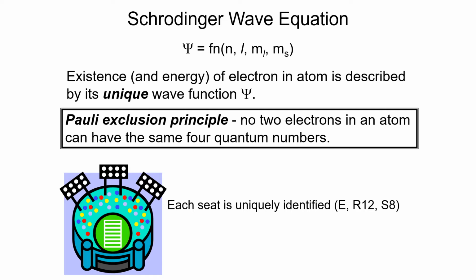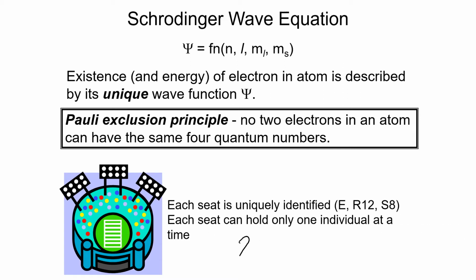And for each n energy level, we can calculate the maximum number of allowed electrons by using this equation, which is 2 times n squared, n being the principal energy level.